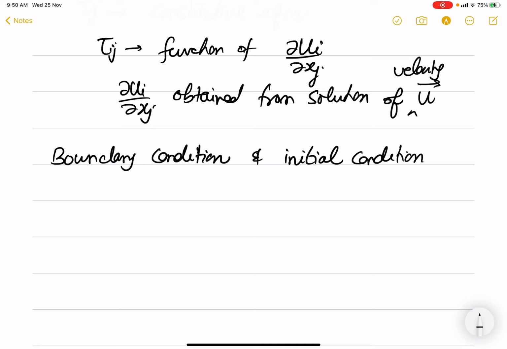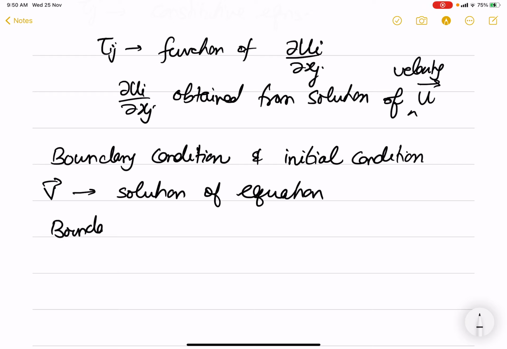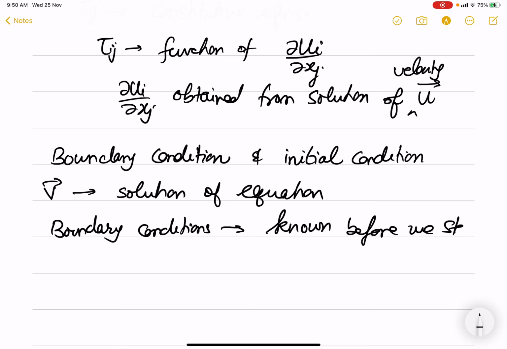Now, while the velocity field V will come from the solution of the equation, the boundary conditions are something which have to be known before we start solving the equations.